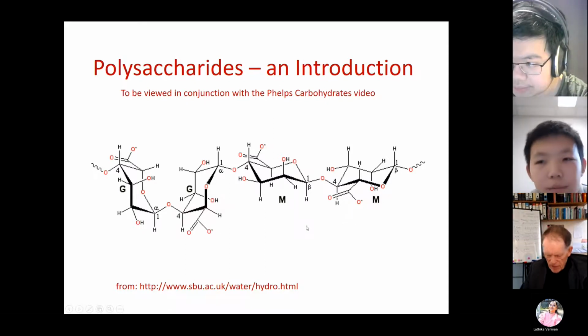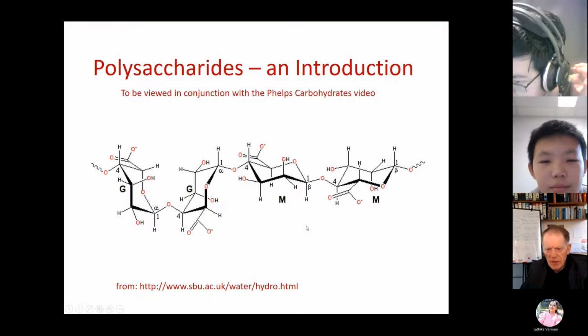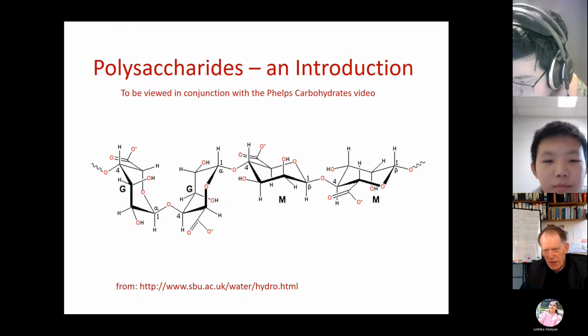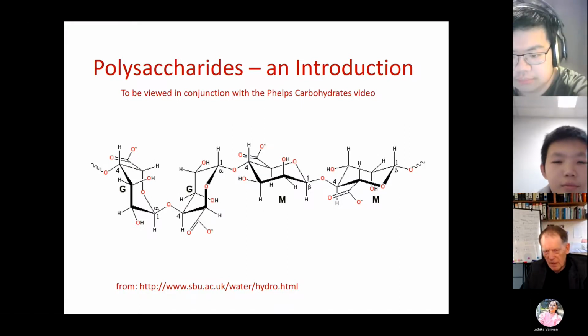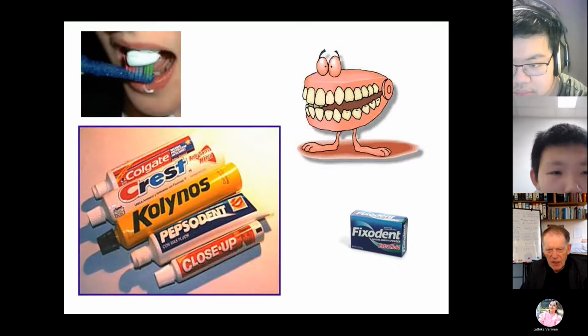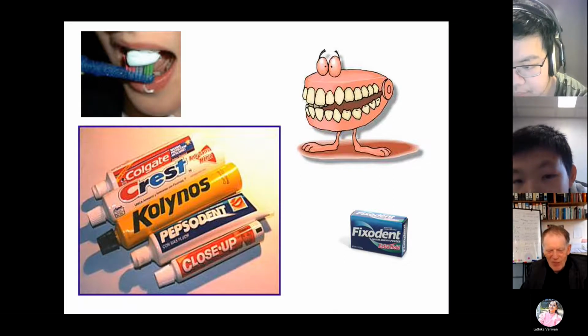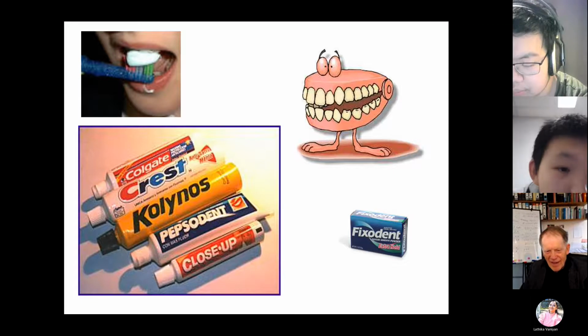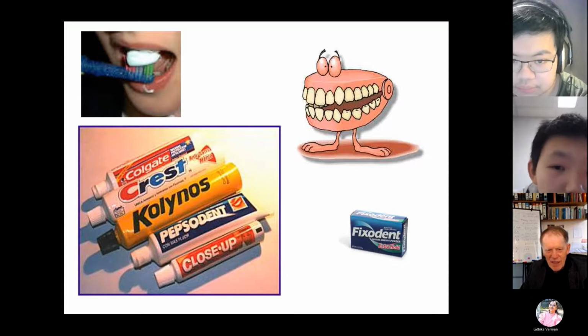Right, so these are wonderfully diverse molecules with huge ranges of applications, and you'd be surprised where they turn up. You should look at the ingredients in, for example, toothpastes.